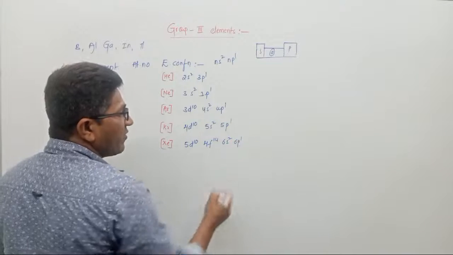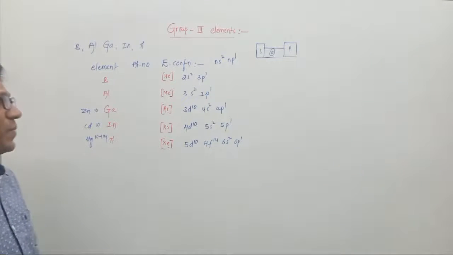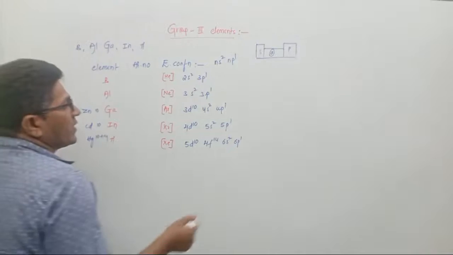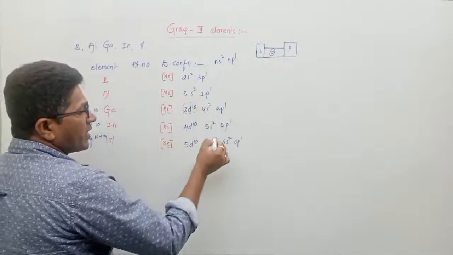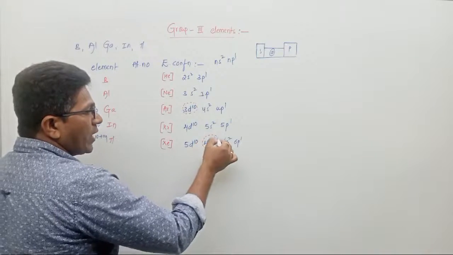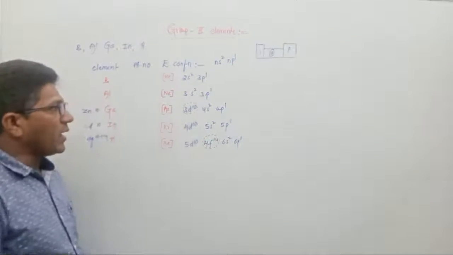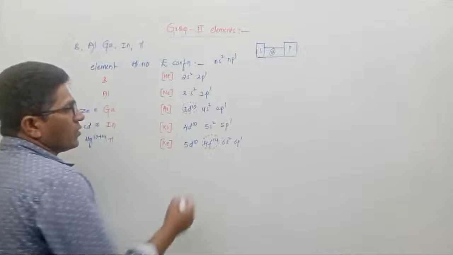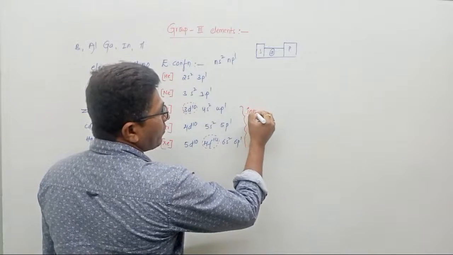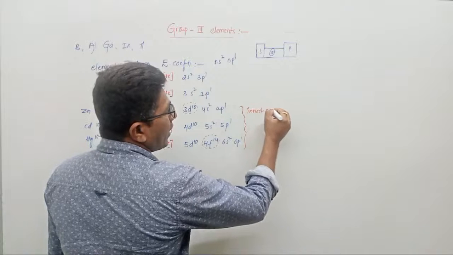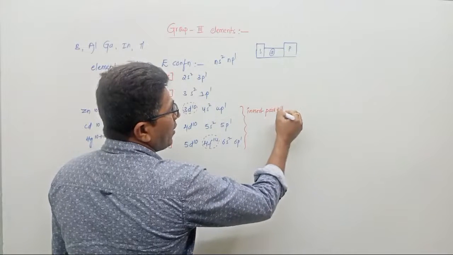6s2, 6p1 configuration. See here, presence of what is that? Extra d10 electrons. Next here, presence of extra 14 electrons due to d10, f14. So these elements show inert pair effect.